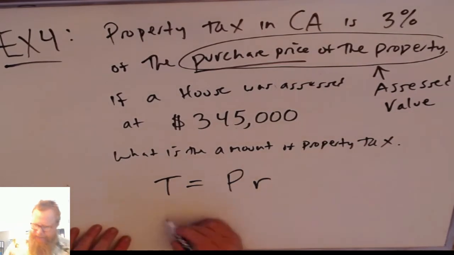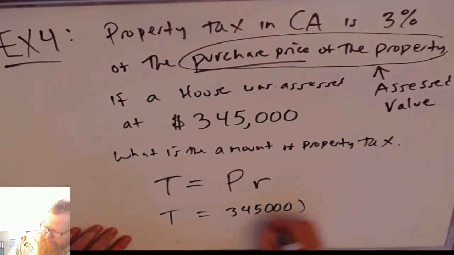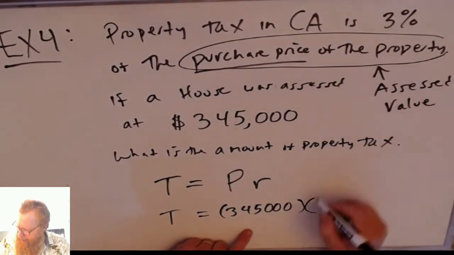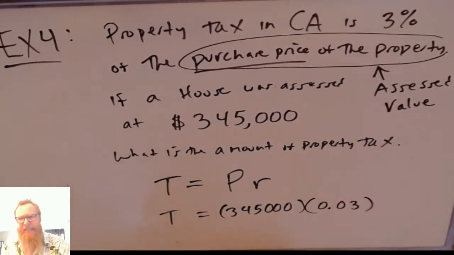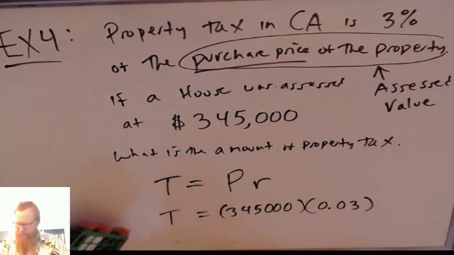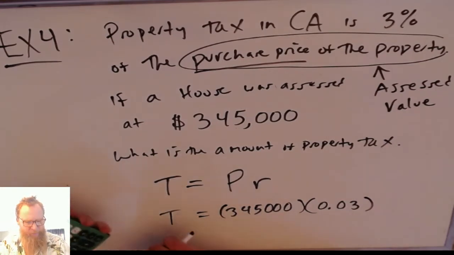So that's it, we're basically done. We've got a $345,000 house. I recommend omitting the comma. Then you multiply that by 3% as a decimal. And that's it. Remember my philosophy: not every problem has to be a problem, right?